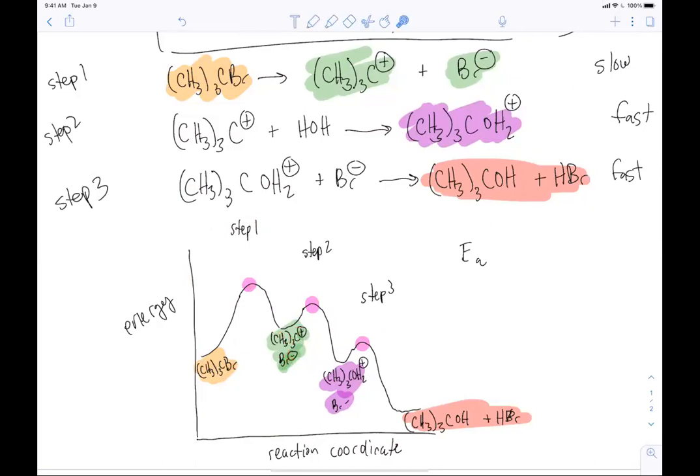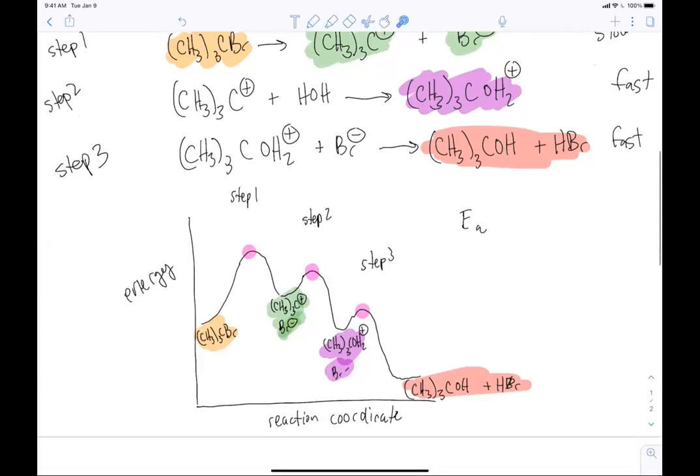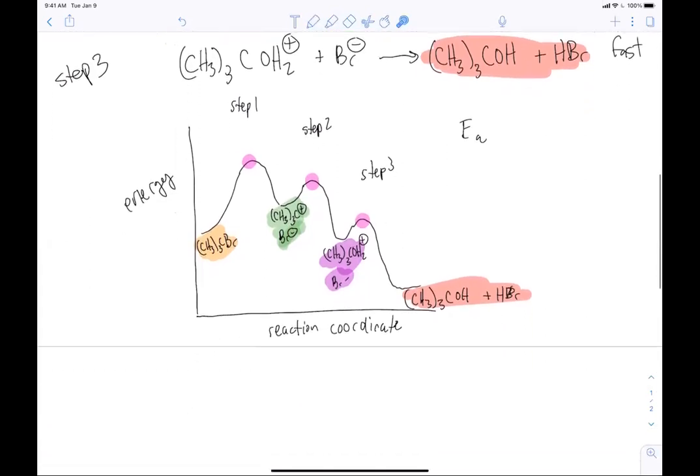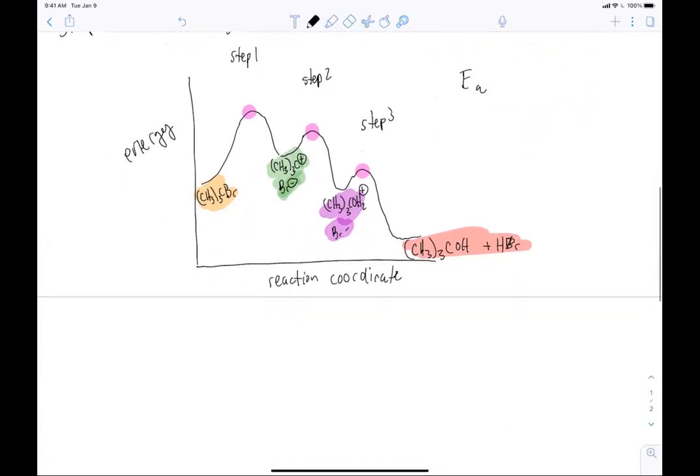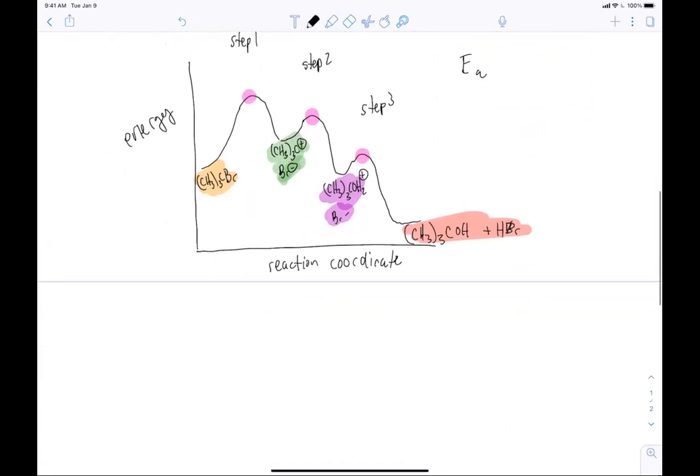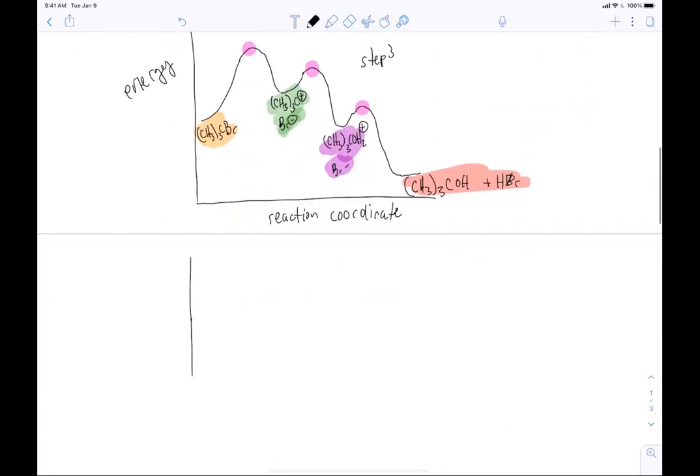The transition state would be something like the bromide is not quite broken off, like it is over here, but it's still not an actual solid bond. So I just have this weird super high energy species in between. That's what the transition states are along here. They're these weird things that fleetingly exist. So the way I have it drawn right now is just one way that these things can appear.